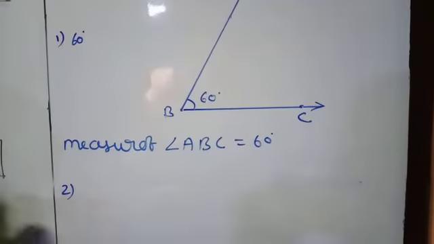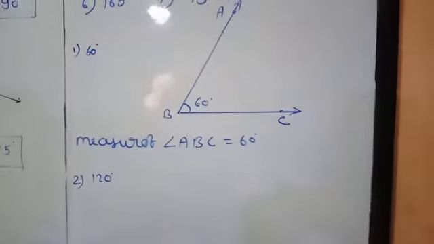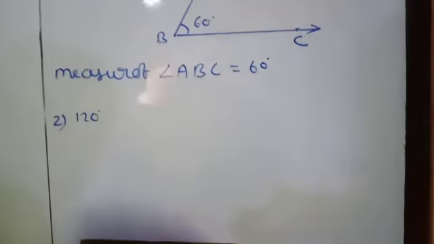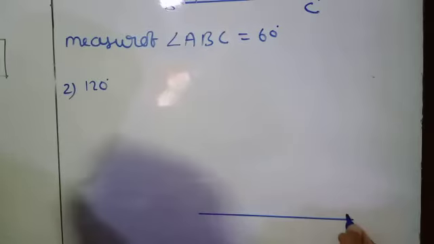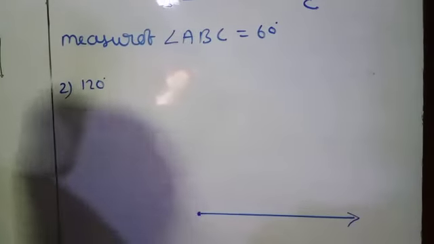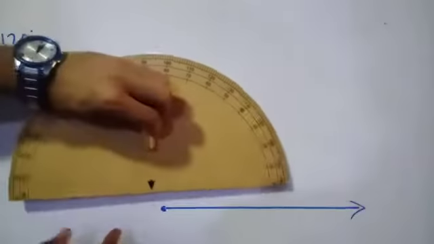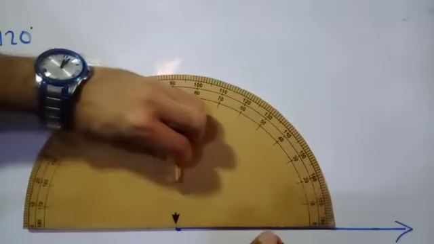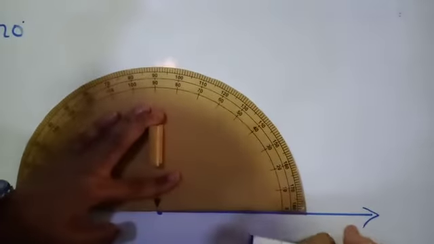The second one we have 120 degree. Here also we are going to follow the same procedure. First we are going to use a scale and draw one arm of the angle, and here we have the vertex. Use the protractor, keep the arrow on vertex, cover the line by protractor, and as we learned, here is the arrow.